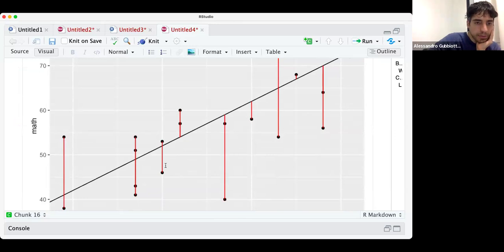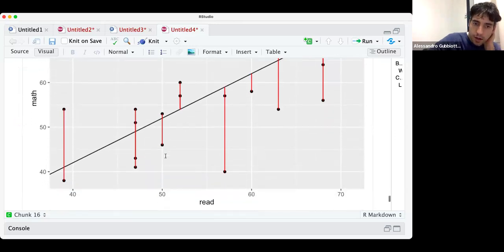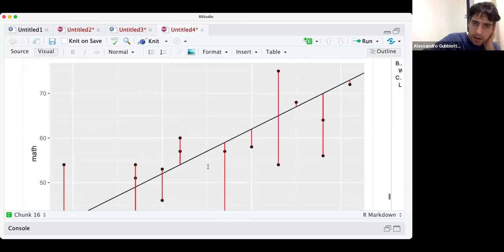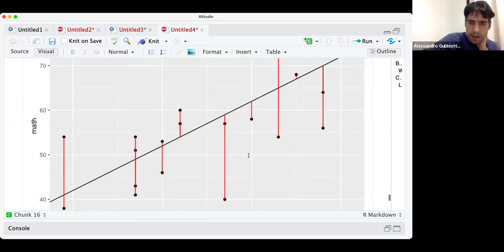So the residuals are okay. Why are the points on the x like this?